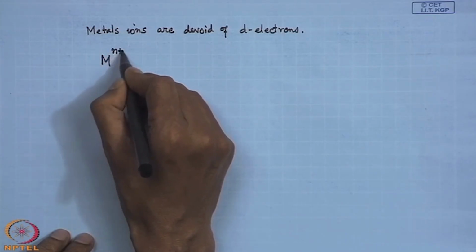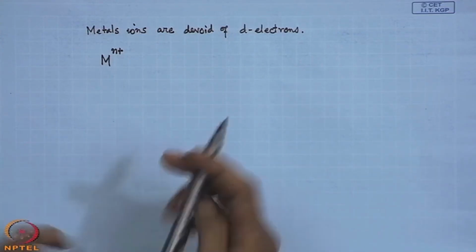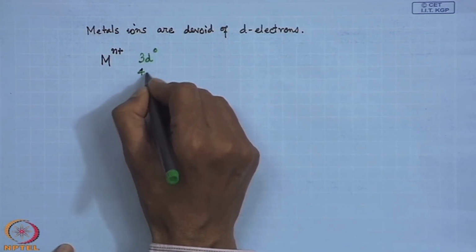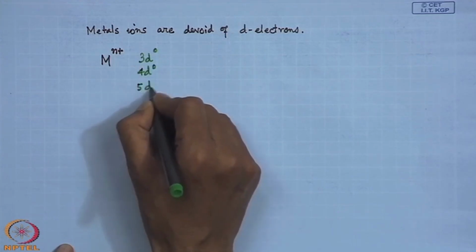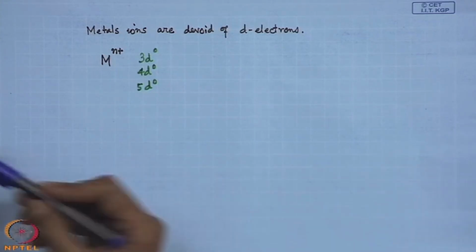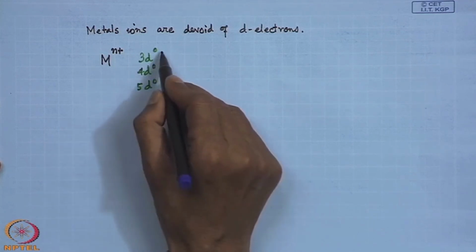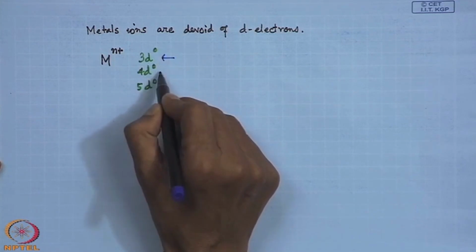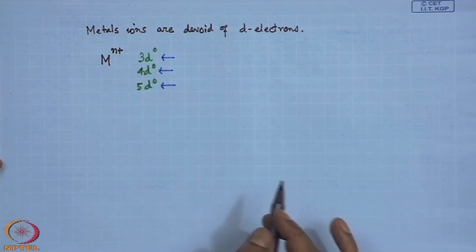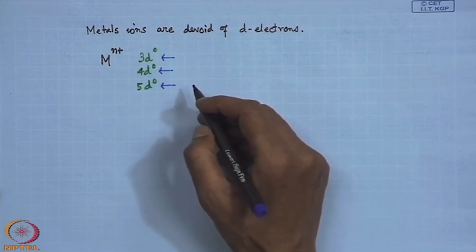This metal ion in n plus oxidation state is a system which is 3d0 or 4d0 or 5d0, in the corresponding oxidation state of +6 or +7 like that of chromium and manganese. So, it can very easily accept the charge density, and when it accepts the charge density, we get a transition from the ligand.